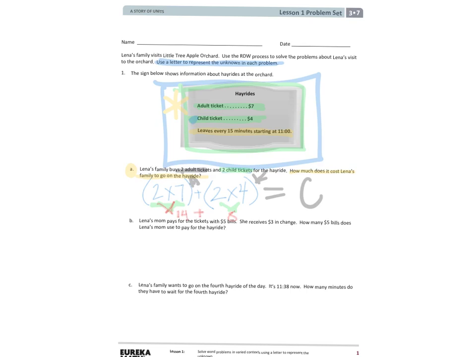So I have $14 for the adults plus $8 for the kids. 14 plus 8 equals 22. Okay, so then I know that C, the cost for the whole family to ride, is $22.